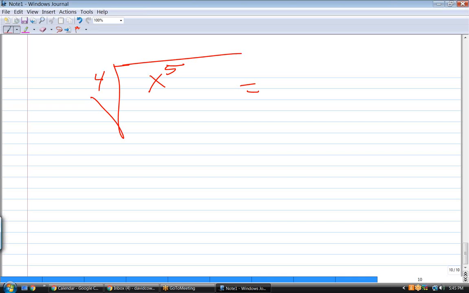X square root x. Almost. X fourth root x. In other words, you're right. I can bring one complete x out. That takes away 4 of those. But what's left is still the fourth root. It does not turn into the square root. In other words, that's the way it would look.